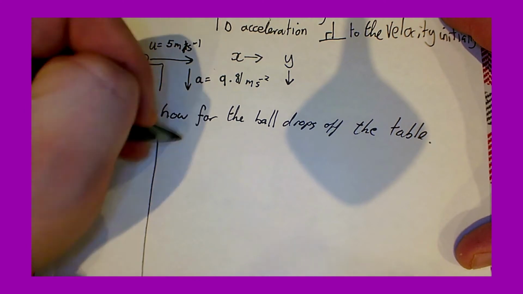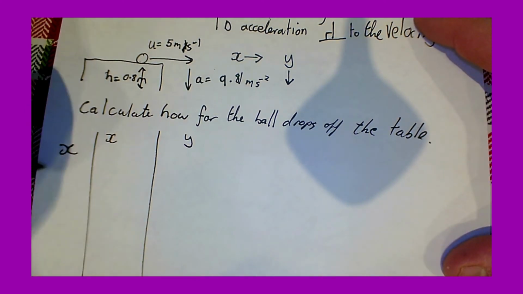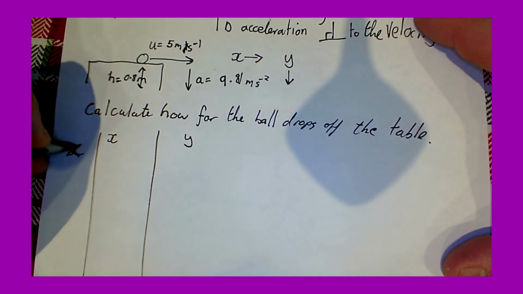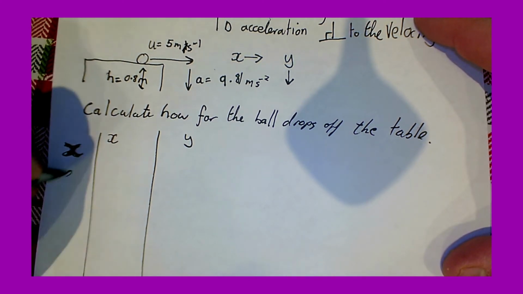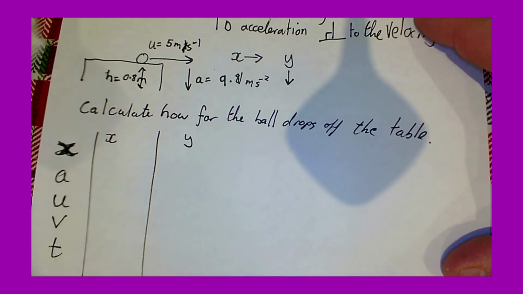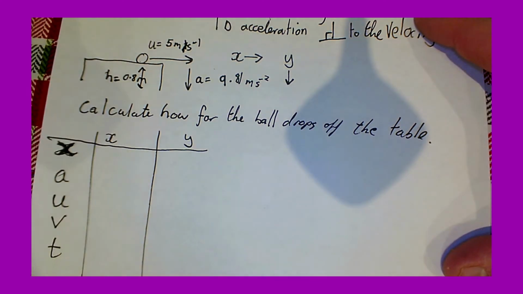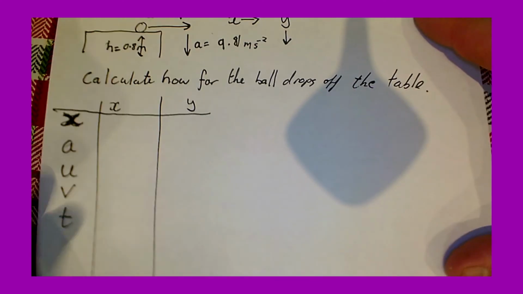So we have our x, we have our y, we have our x Suvat: s, a, u, v and t. This is why I don't like using x, I much rather use s because it gets confusing when we talk about x and y direction, but we'll be alright.